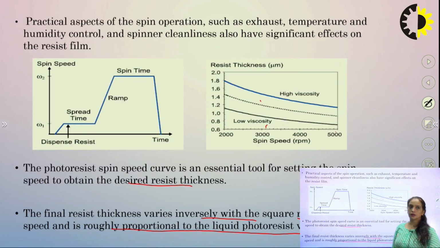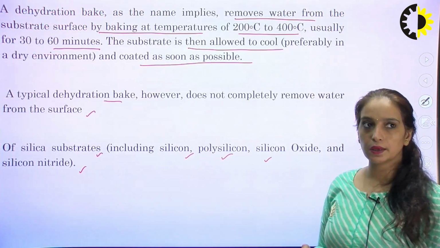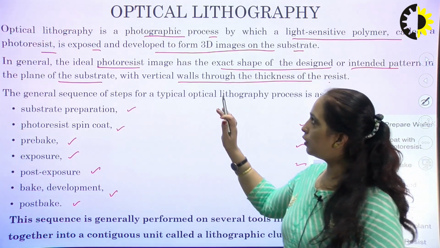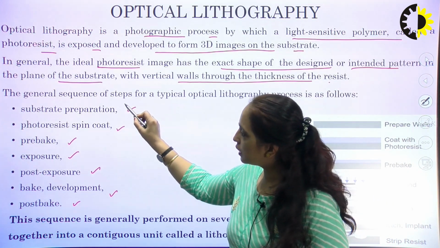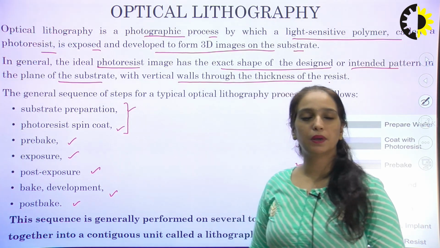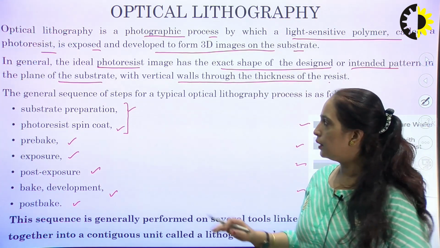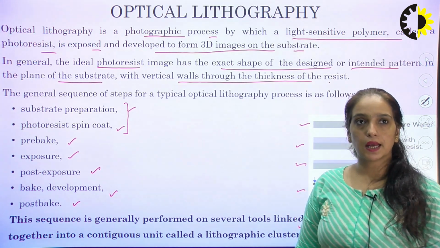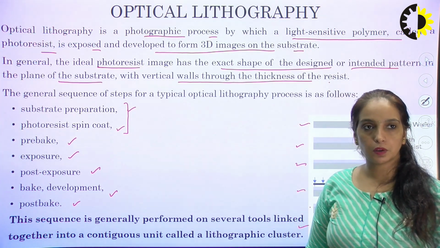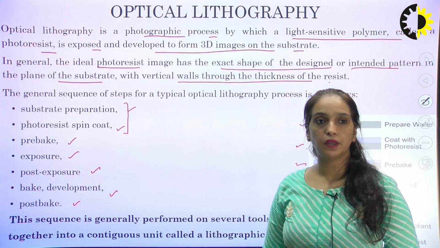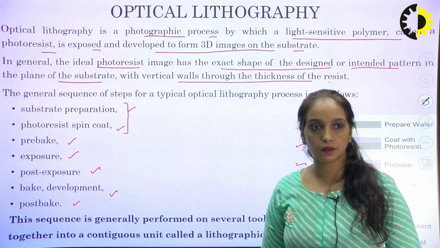So we have just covered two steps. We have just started optical photolithography and the rest of the steps will be covered in the next lecture. We have seen in today's class what photolithography basically is, the need for photolithography, and the types of photolithography.